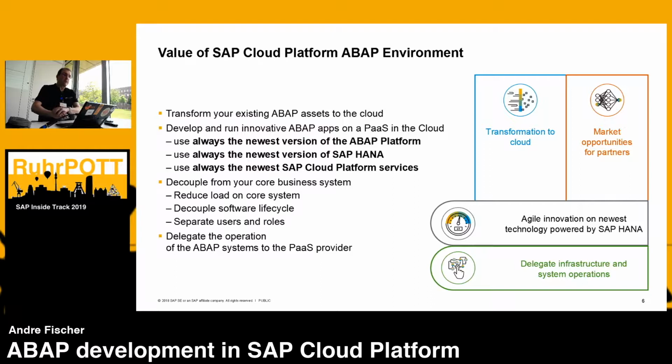If you use this ABAP stack, which is running in the cloud, you will always have the newest version of the ABAP platform. Right now, as of May, we have version 1905 out. And you will also always have the newest version of HANA, and also the newest version of the SAP Cloud Platform services that are around in the SAP Cloud Platform.